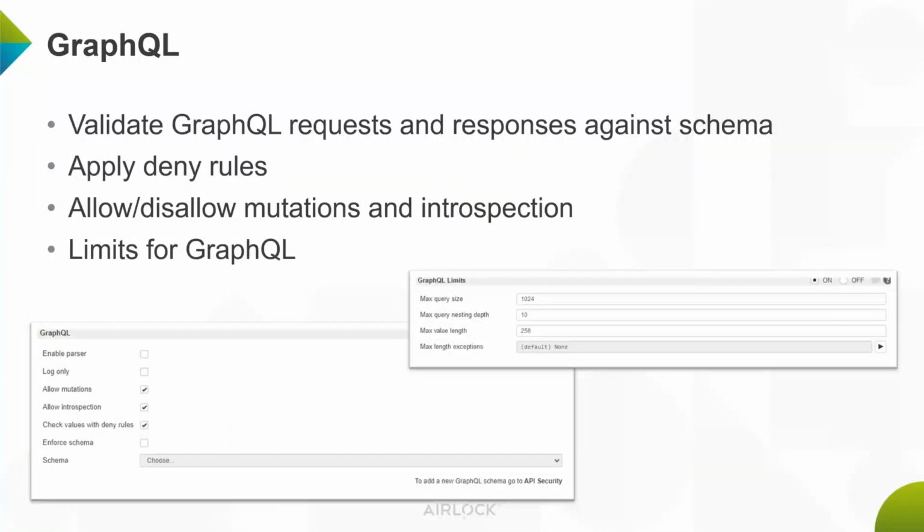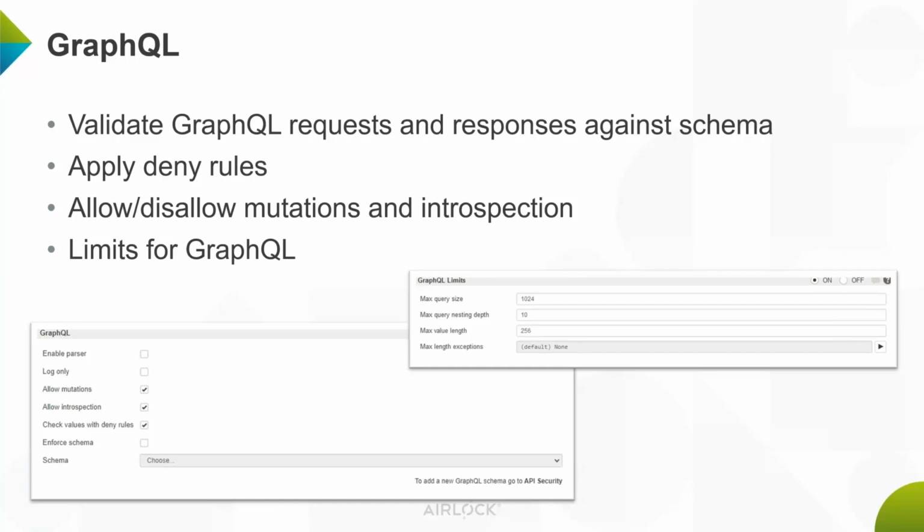We made that available, so you can upload the schema for your GraphQL API, and you can then select different settings, such as whether you want to allow or disallow mutation and introspection, and whether you want to apply deny rules as well.